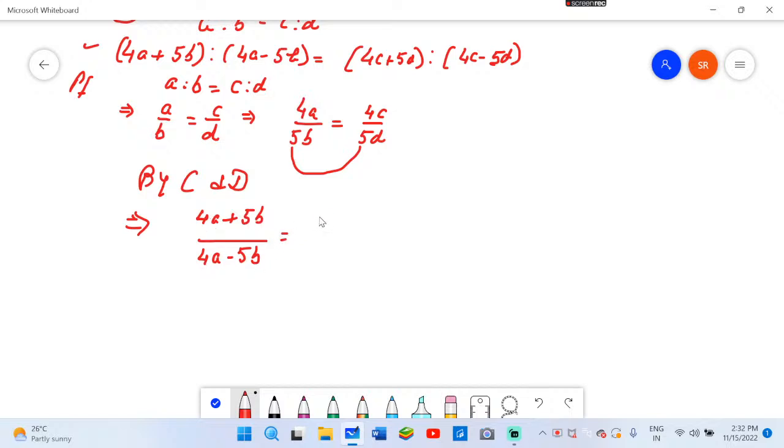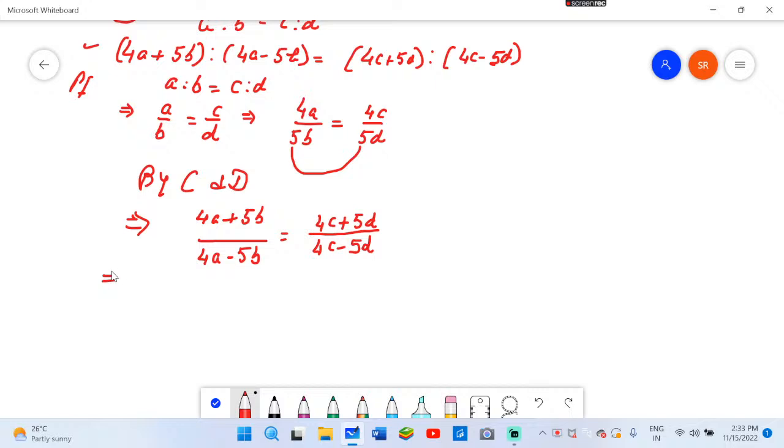Here also top plus bottom, top minus bottom.